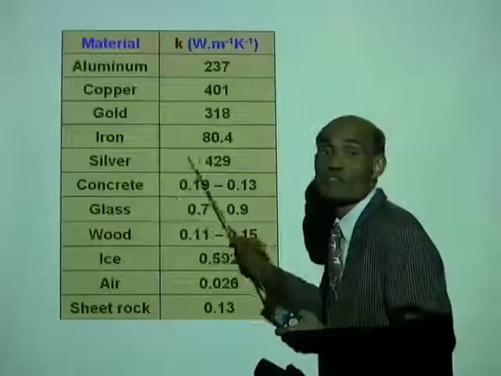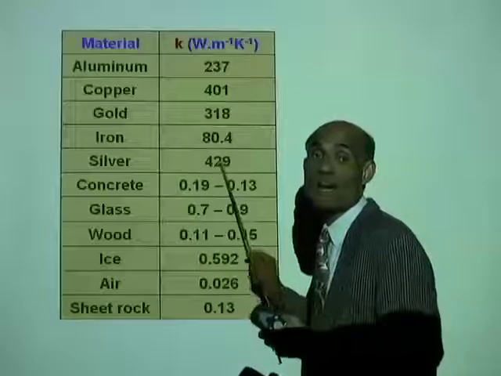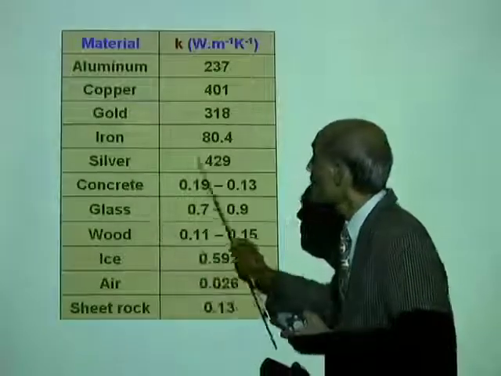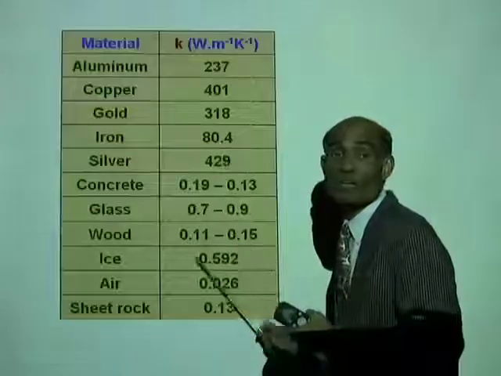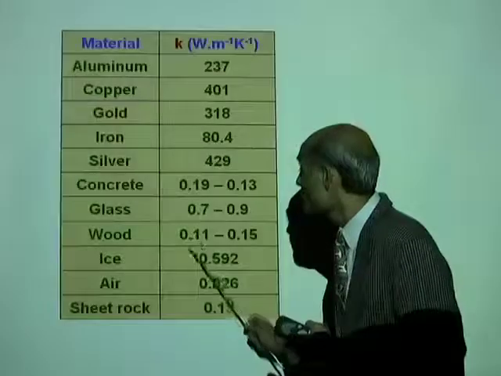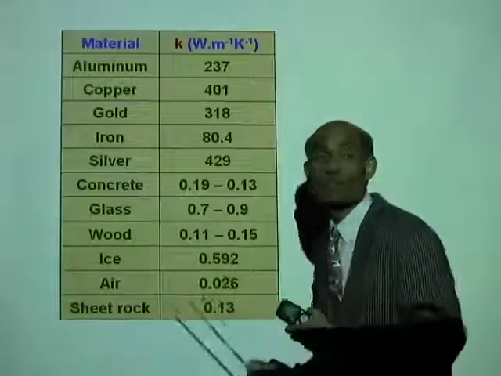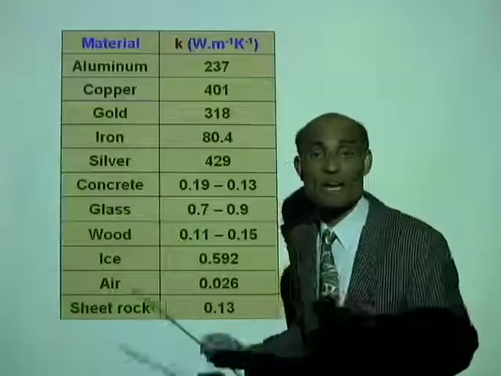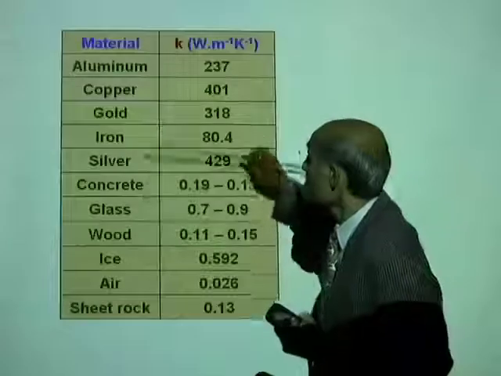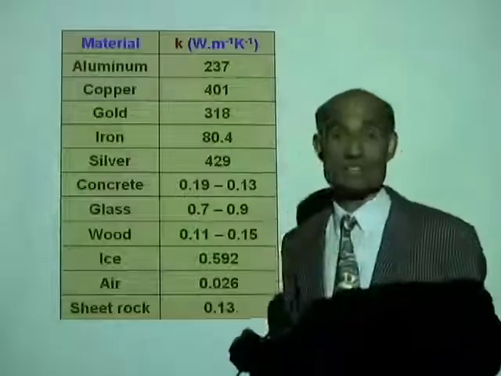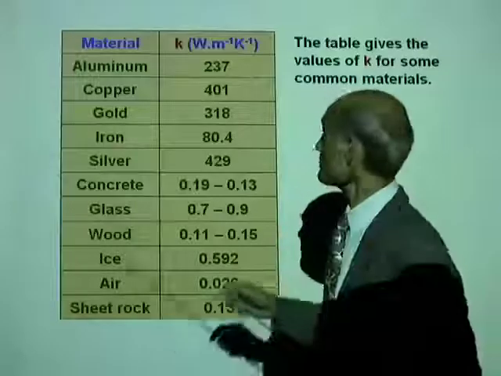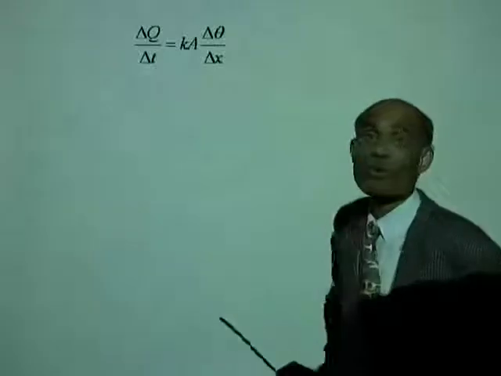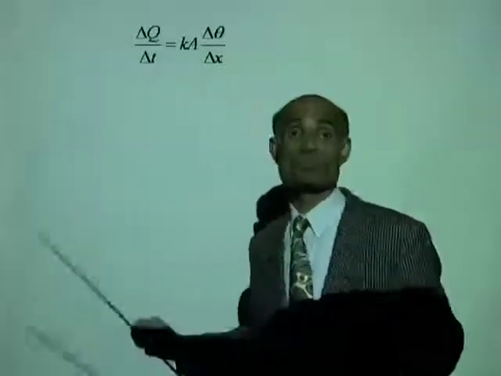Look at that, the value for silver, 429 watt per meter Kelvin. So silver is a very good conductor, whereas air is a very bad conductor. So we say air is a good insulator. See that? So you have good insulators and good conductors. The values of K will be useful as we move on to solve problems.